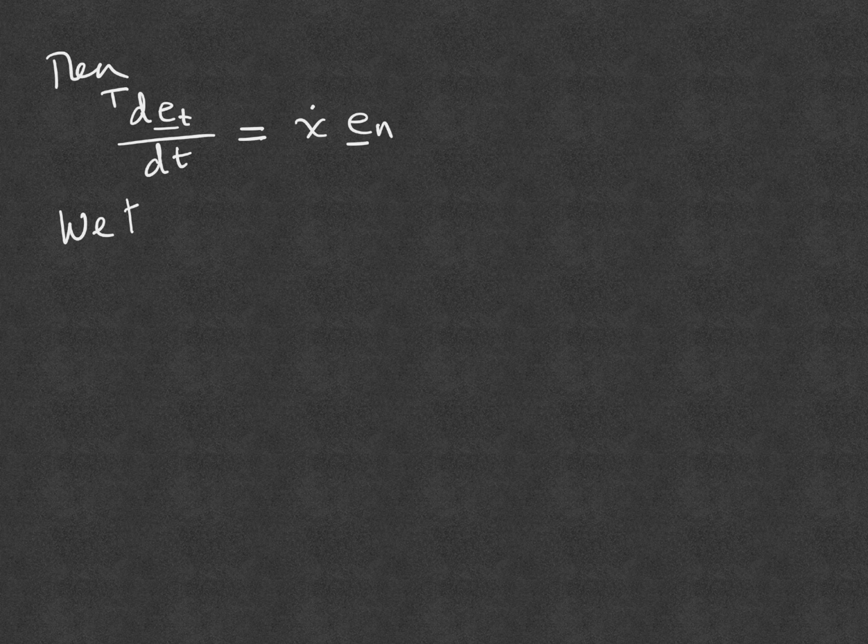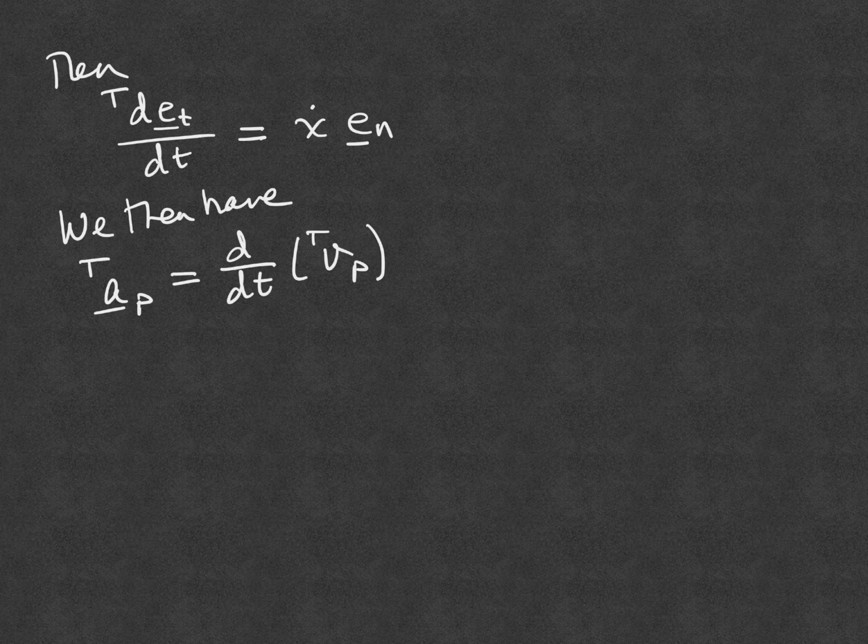We can use this expression to compute the acceleration. We then have that the acceleration as viewed by an observer fixed to the track is equal to the rate of change of the speed times the tangent vector plus the speed relative to the track times the rate of change of the tangent vector, which is just x dot times en.